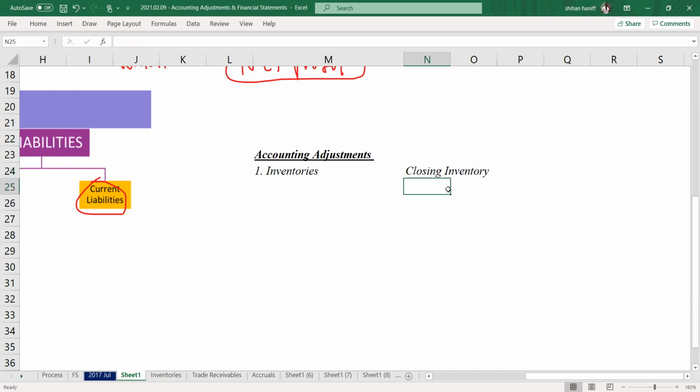Under closing inventory, the cost and net realizable value adjustment, cost and NRV. I will explain that. Then we also have stock damages, losses, and insurance claim.